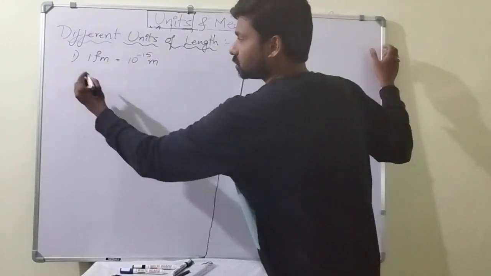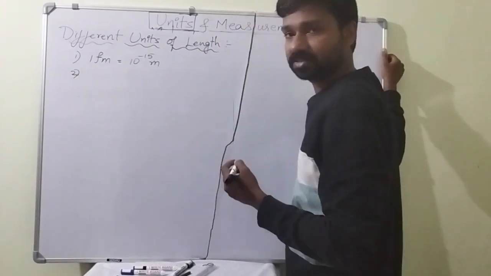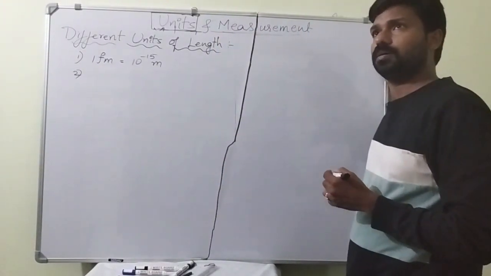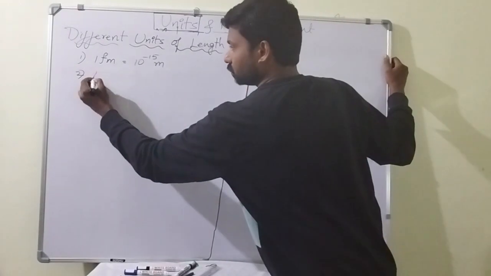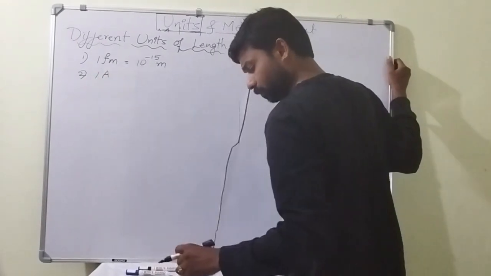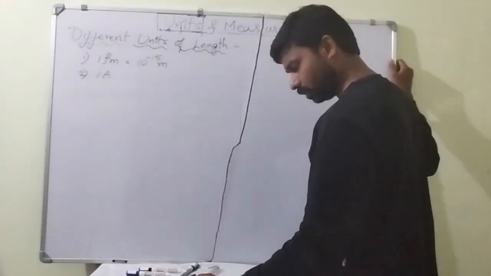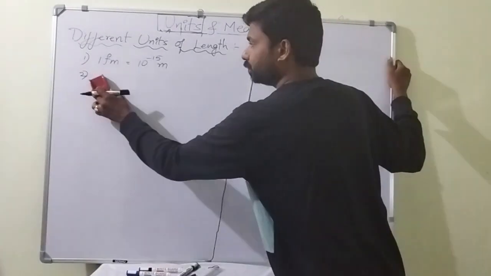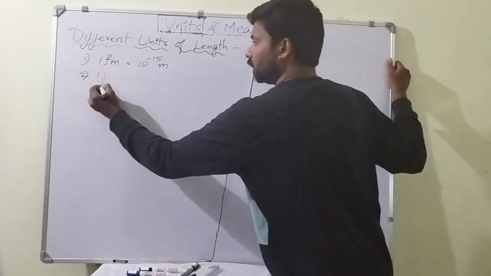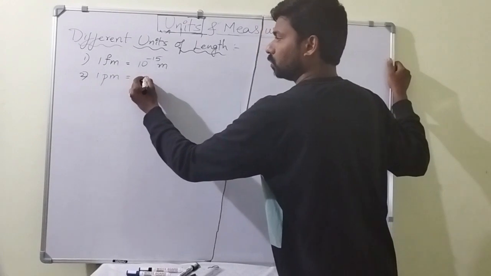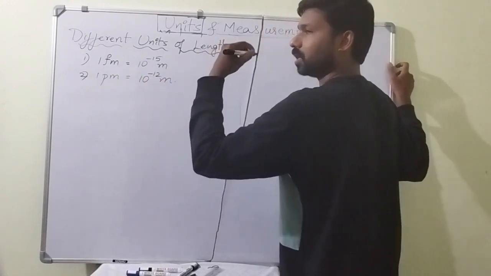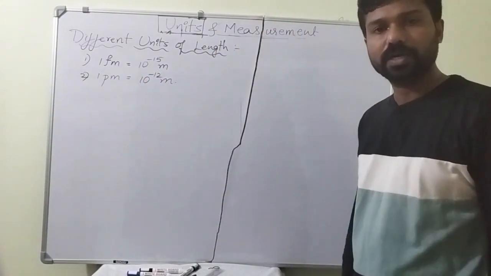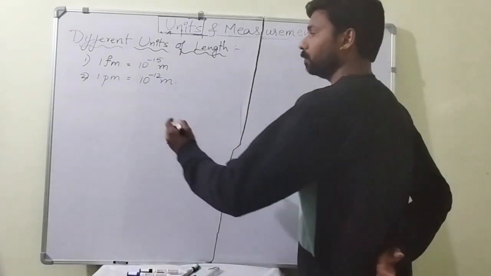Next, second one, 1 picometer, is equal to 10 to the power of minus 12 meter.